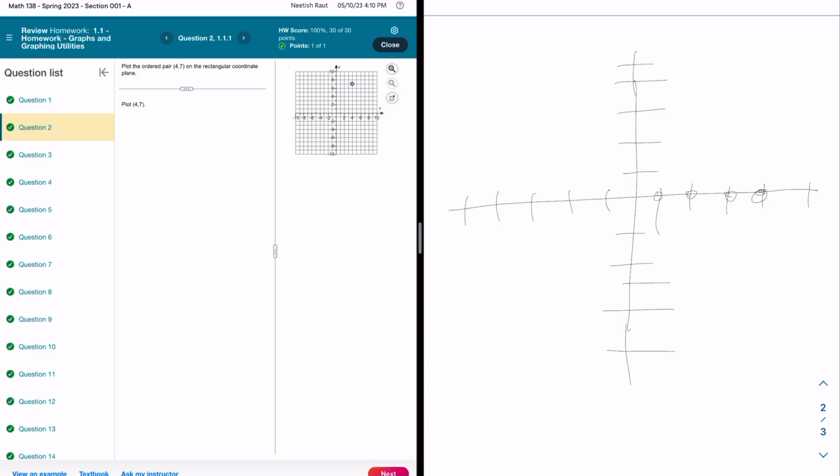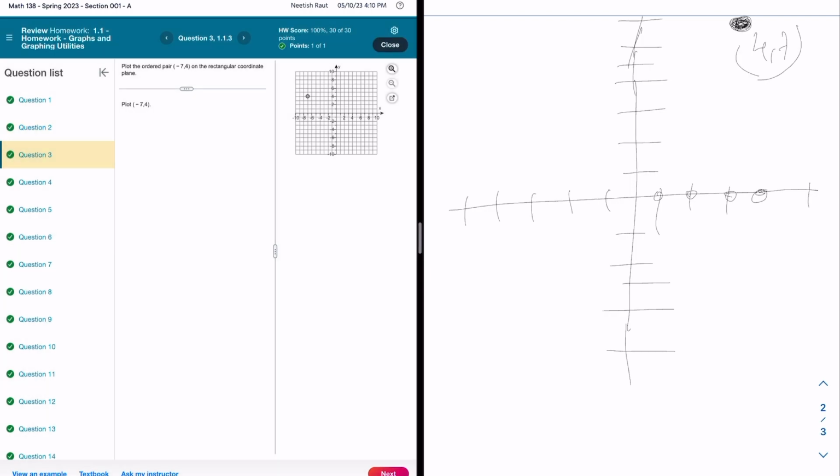It will go 1 2 3 4 5 6 7. So 7 will be here. So now our accurate answer will be this. This is the point called (4, 7).